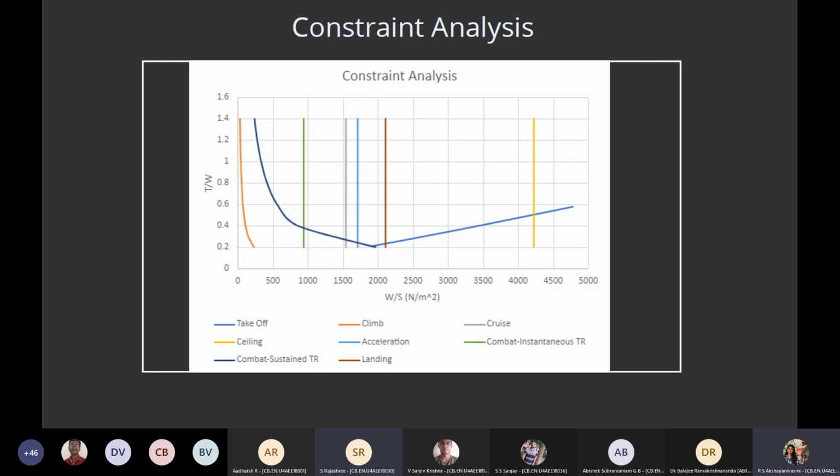So shouldn't it be to the left? Here it's actually 11 kilometers, and if you go to the left side, it'll become 12. So we can't go above our ceiling height.